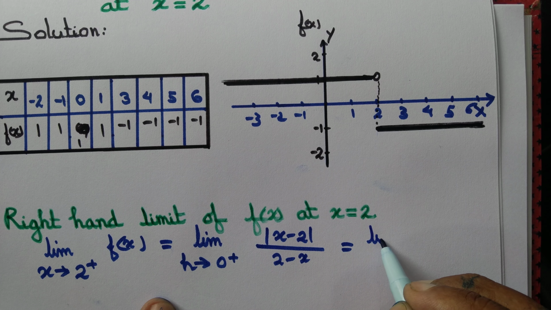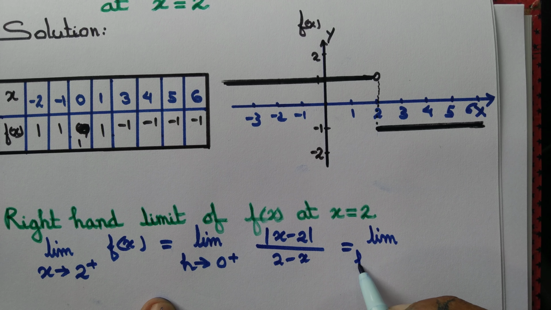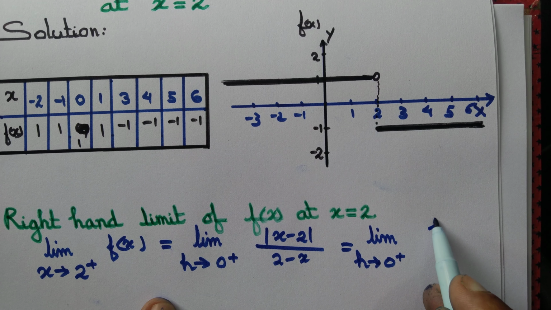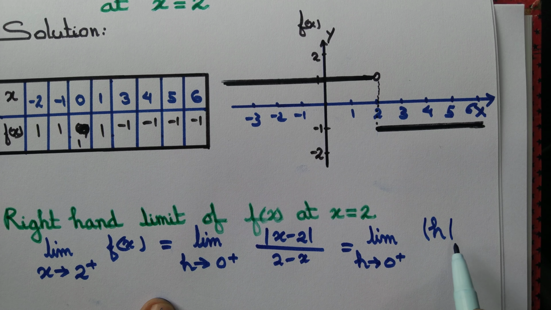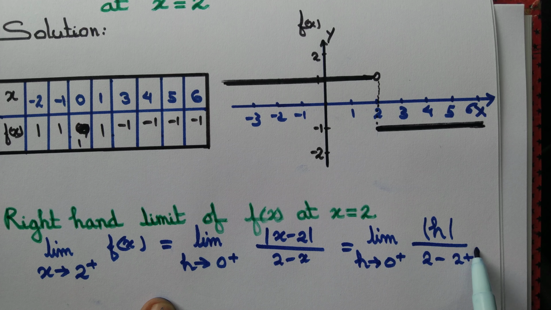So this limit is equal to limit h tends to 0 plus, 2 plus h minus 2 is simply h, divided by 2 minus, instead of x I write 2 plus h.